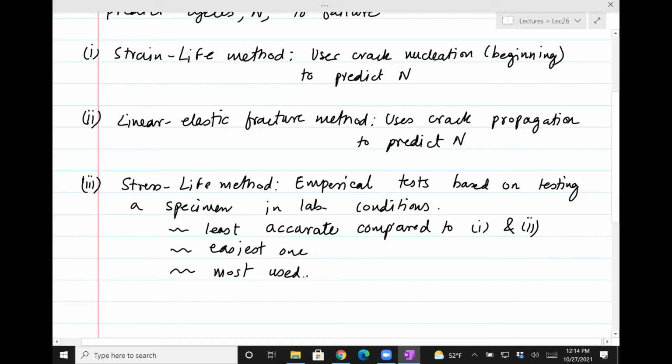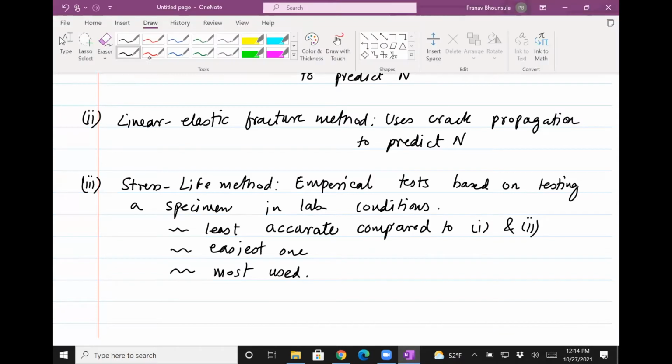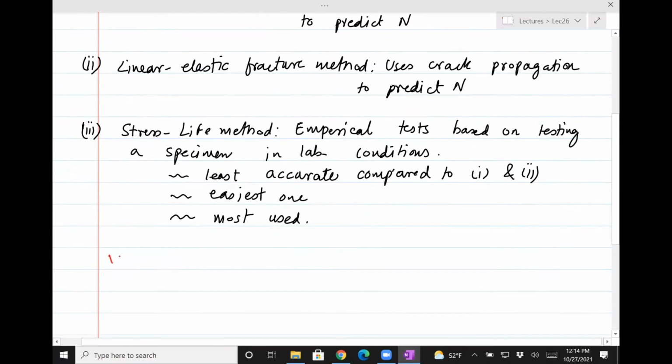So for design purposes, this method suffices. Yeah, and so what we'll do now is we will only study this method. We look into number 3. Okay, we'll ignore the other ones.